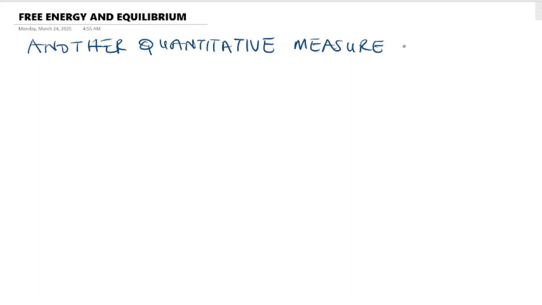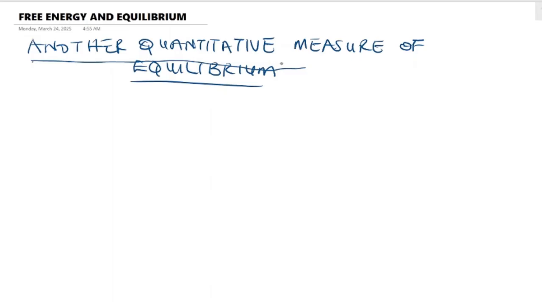I want to look at another quantitative measure of equilibrium, and we also know another quantitative measure related to equilibrium, outside what we just saw of delta G, and that is KEQ, which is the equilibrium constant.